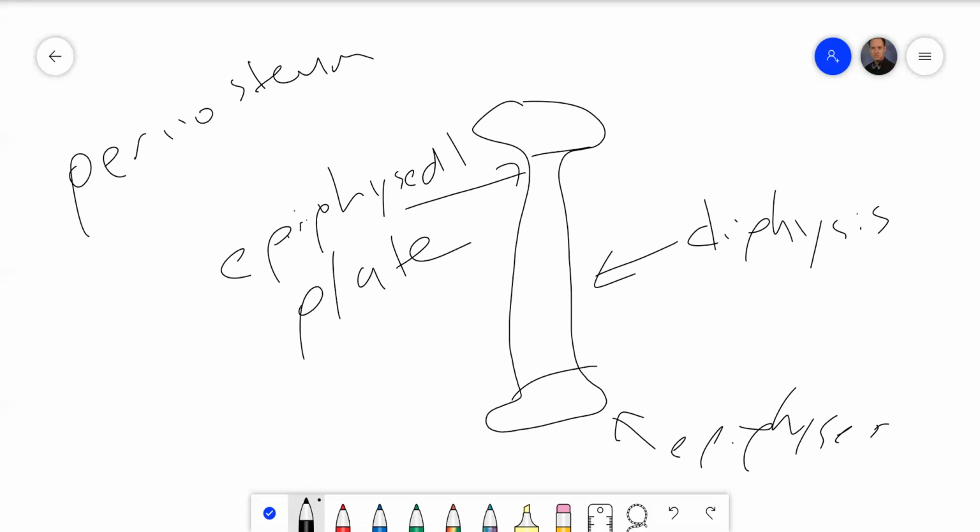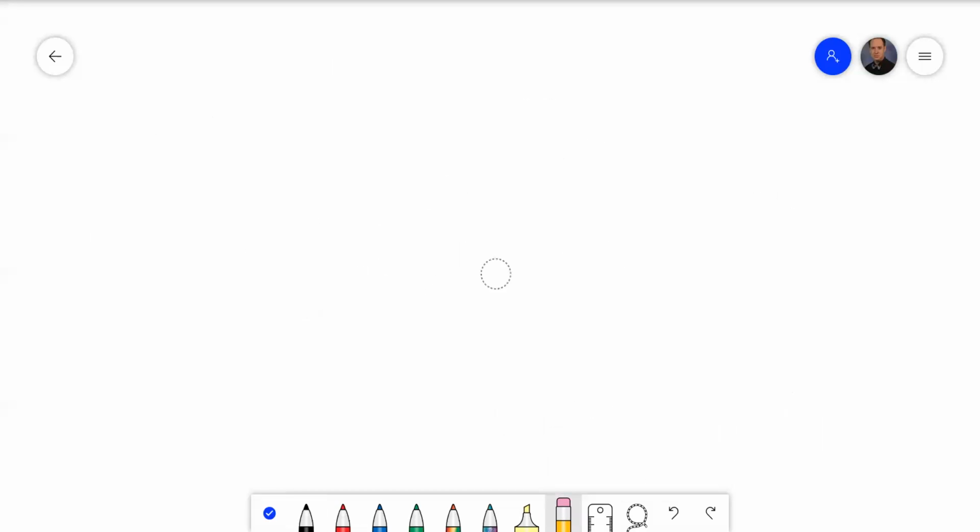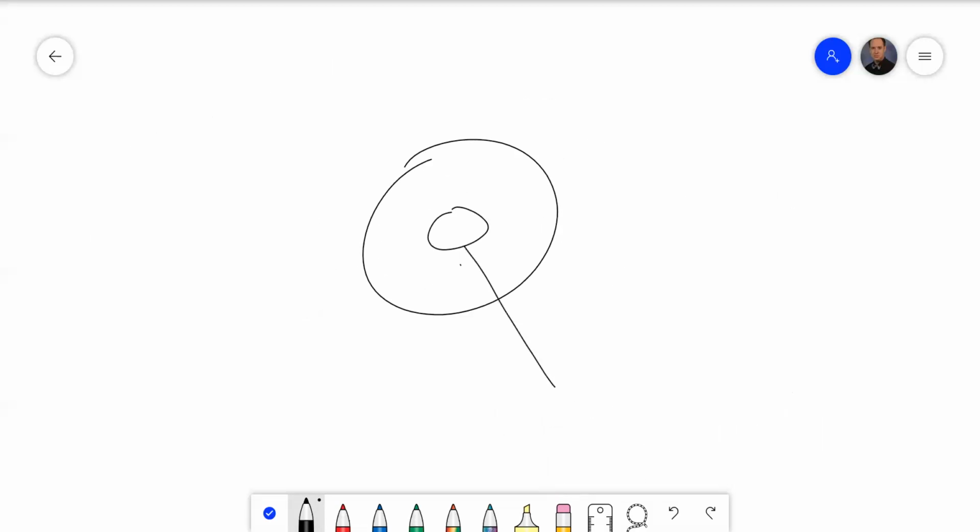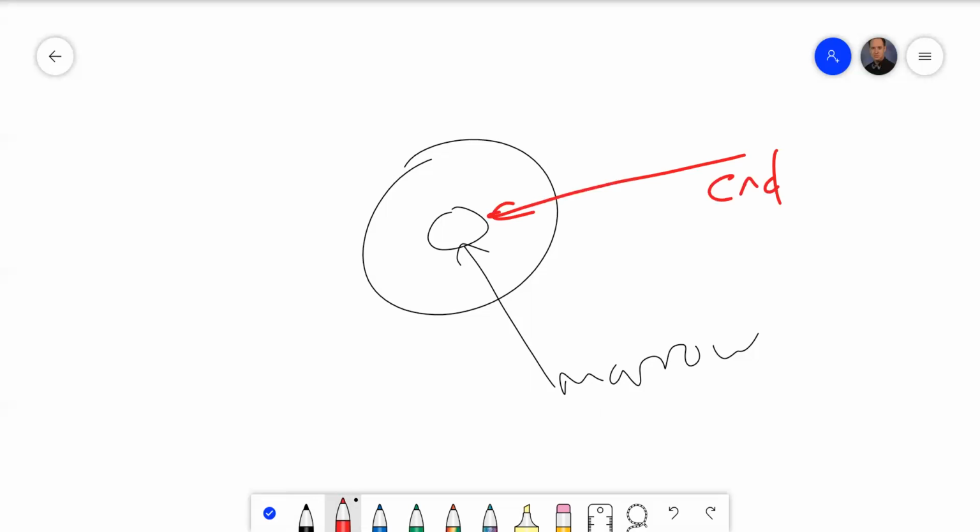Let's take a cross section here of this long bone and look at it like this. So that in the center we have the marrow cavity. Separating the bone from the bone marrow is another membrane. That membrane is the endosteum.